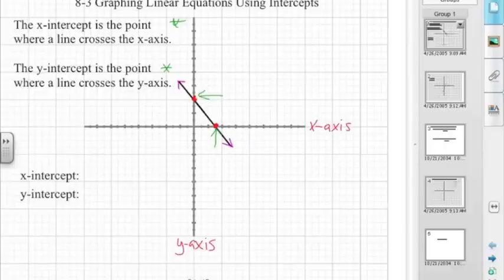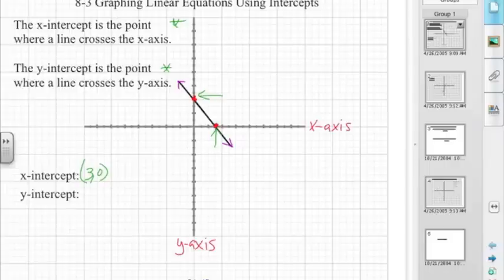So on the slide over here, the x-intercept crosses right here at 1, 2, 3. The x-intercept crosses at 3, 0, over 3, up 0. Those are the coordinates of the x-intercept. We're not too interested in the coordinates of the x-intercept.